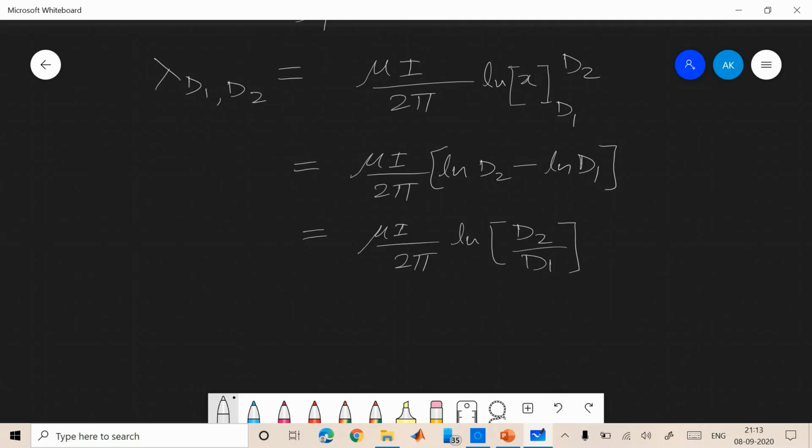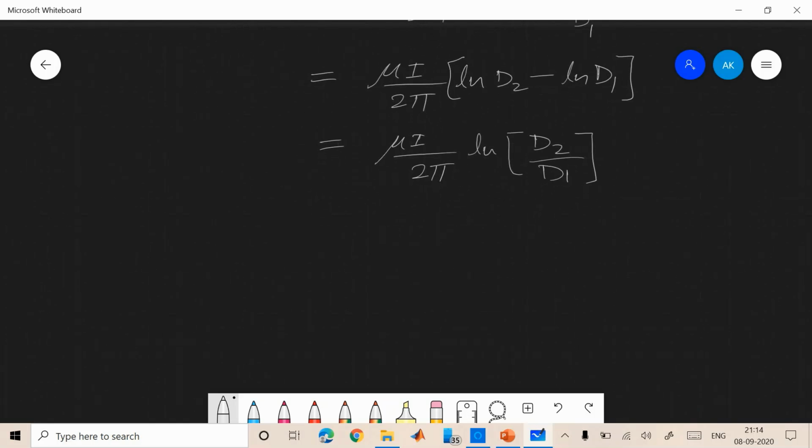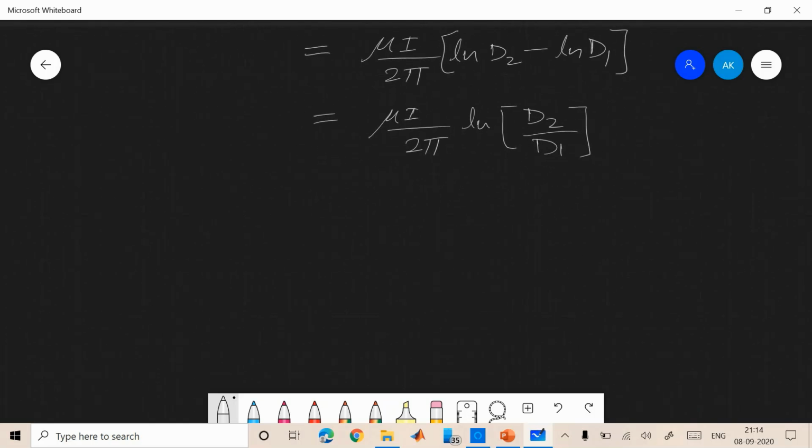Okay. So this was your flux linkage between point D1 to D2.